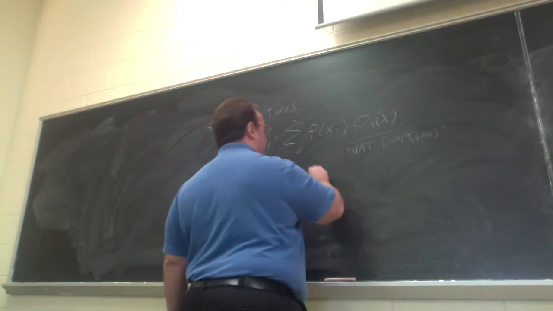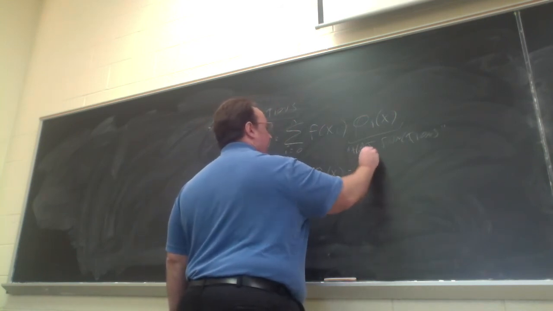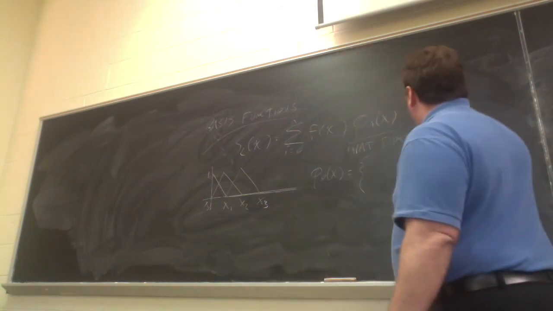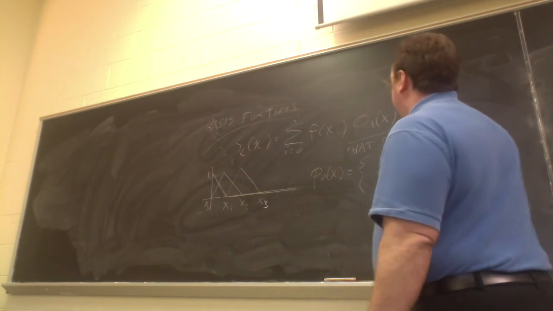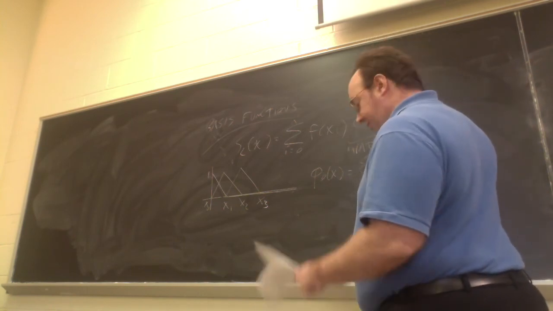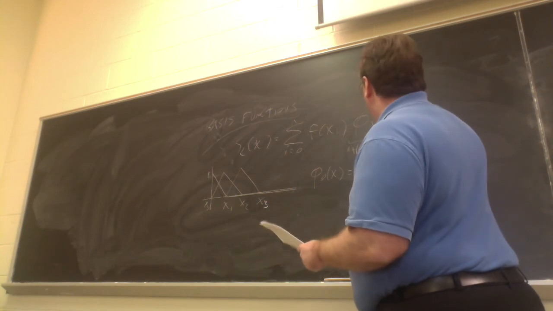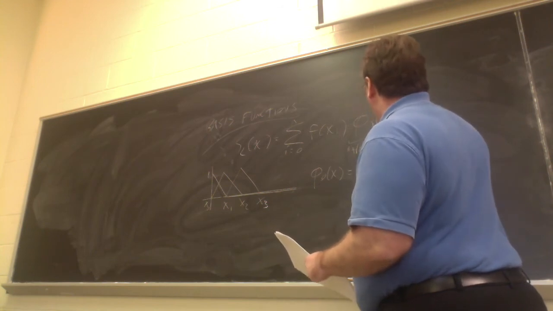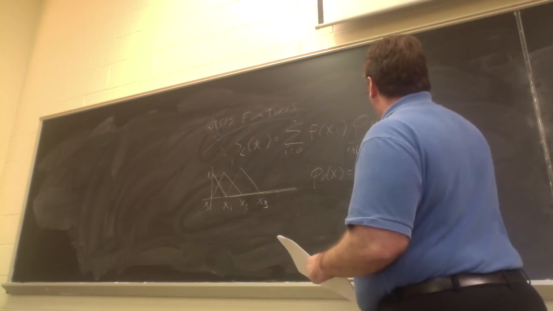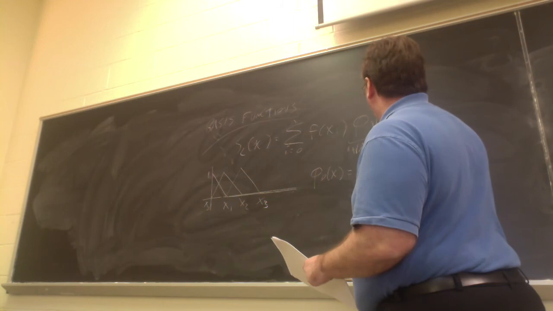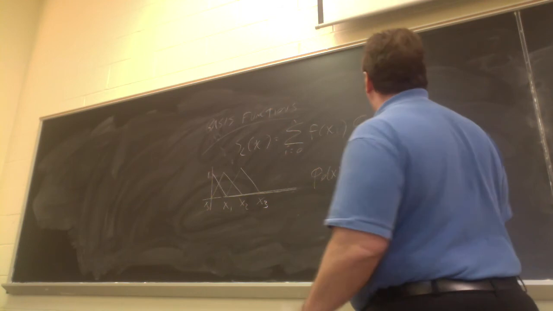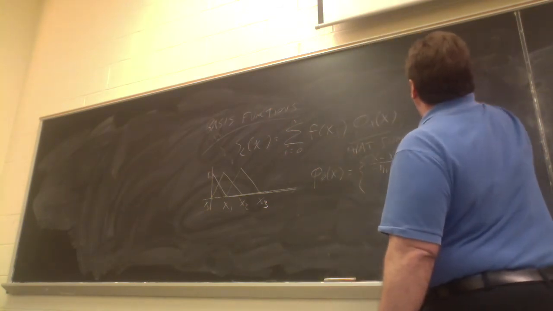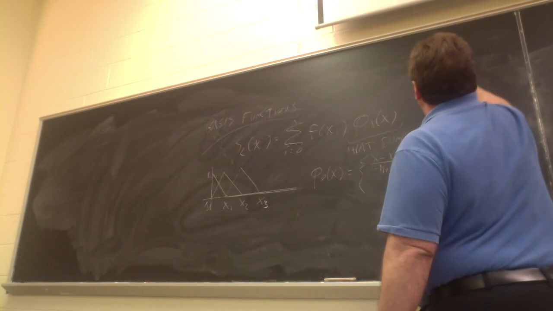So for instance, the first one, between x0 and x1, it would be x minus x1 over minus h1, where recall the definition of spacings.